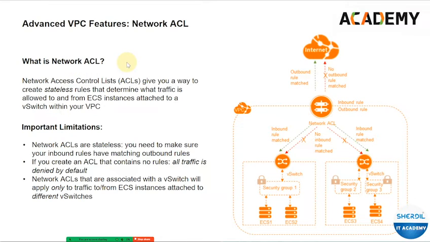What's the difference between network ACL and security group? Network ACL basically allows you to block or allow the whole subnet coming in and out, like egress and ingress rules, to protect the whole subnet, like all 256 IPs if we talk about a /24 network.